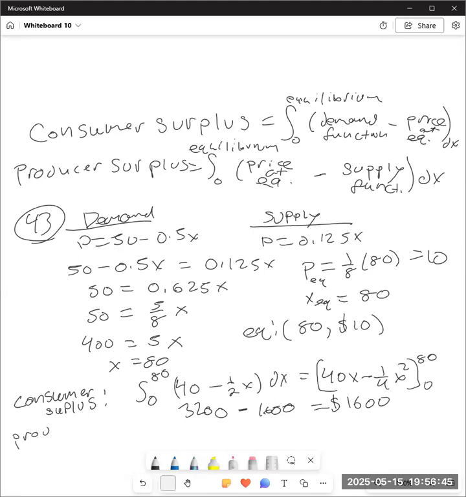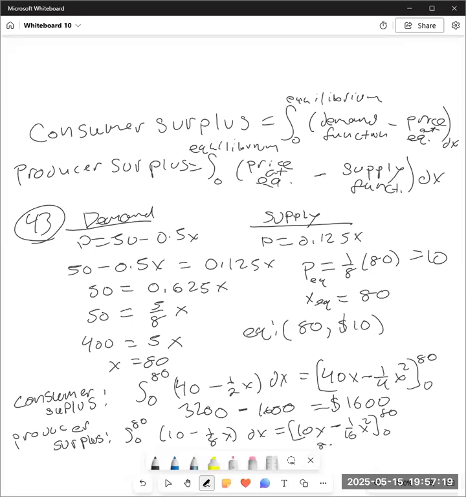Producer surplus will be the integral from 0 to 80 of 10 minus 1/8 x, dx, which is 10x minus 1/16 x squared from 0 to 80.